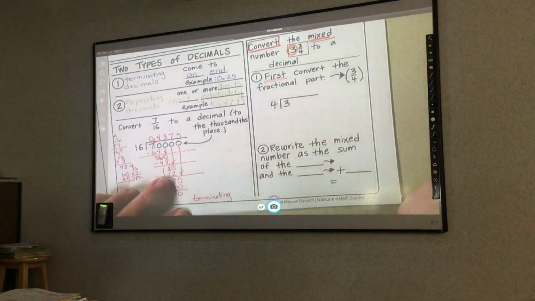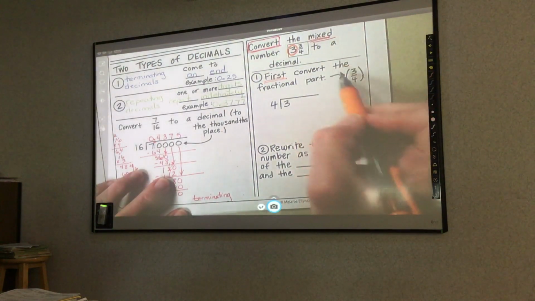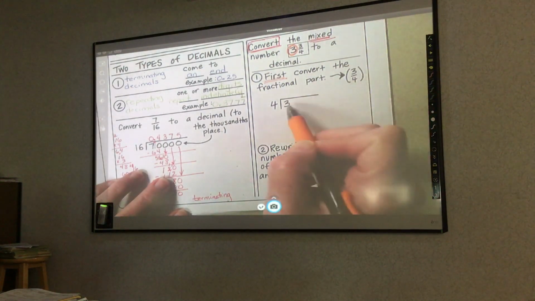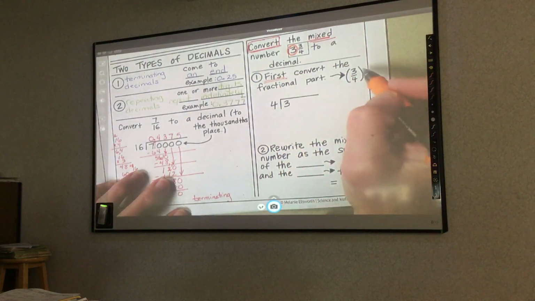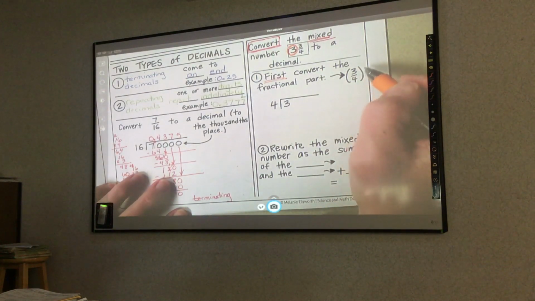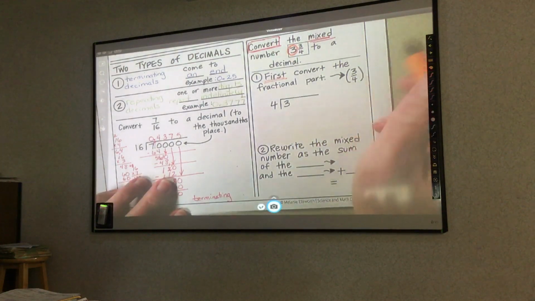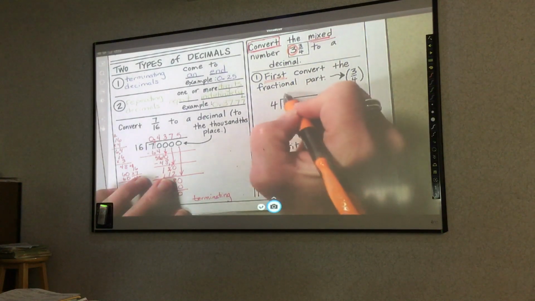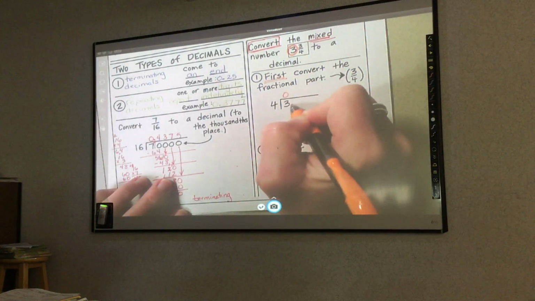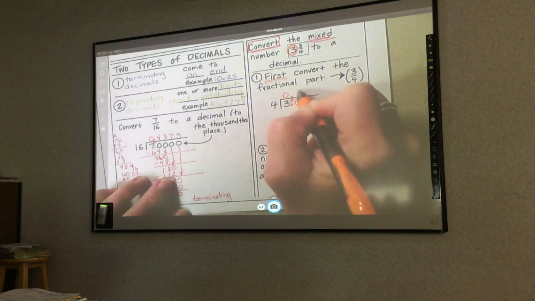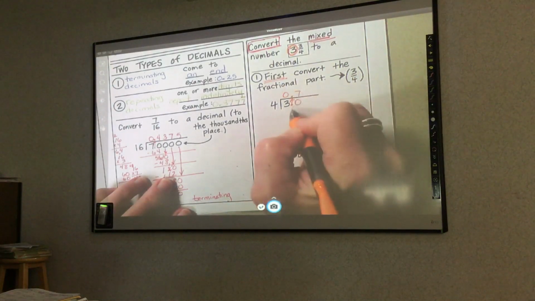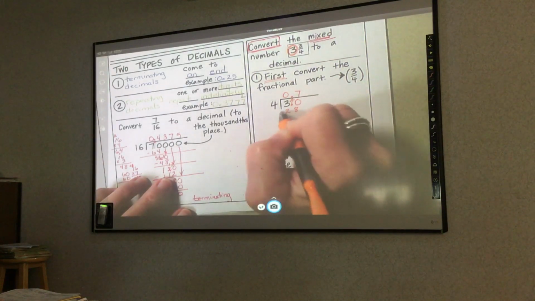No. Not yet, because it says first, change 3/4 to a decimal, okay? You should have 3/4 as a decimal memorized. That is one you will need to memorize, but if you don't have it memorized, we're just going to do it. 4 doesn't go into 3, so I add the decimal. Bring the decimal up. 4 goes into 30, 7 times. 7 times 4 is 28.